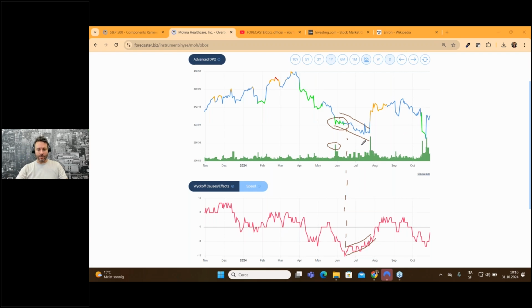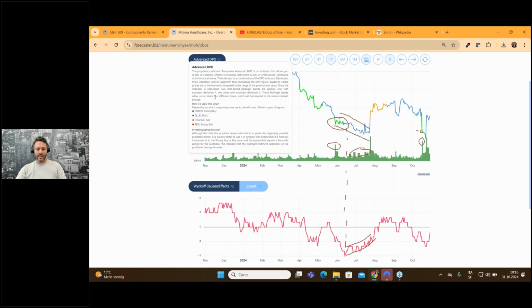So very interesting, we can find on every low starting from this point, we have a spike in volume, and we also had a spike in volume in this case, and also the prices started to be colored in green, okay. This is another indicator we have, which is the advanced DPO.